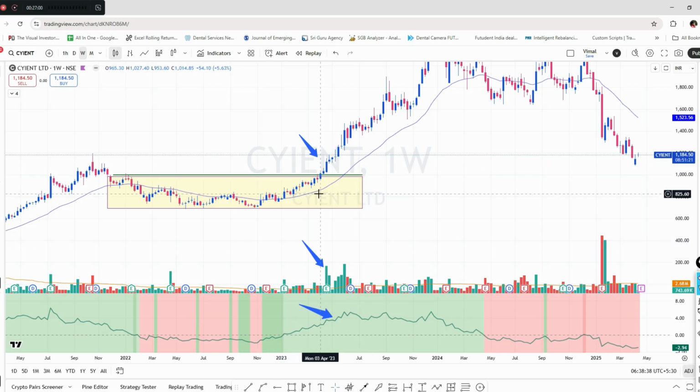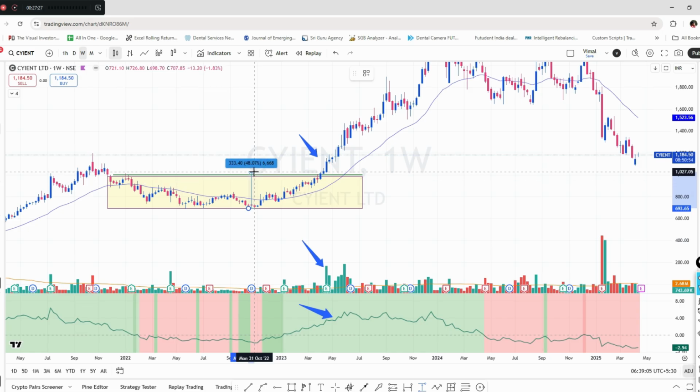So what is the triple confirmation pattern here? The price has broken the base, the volume has increased, RS is in the positive zone, and it has also reached a new high in the past few weeks. In the base it was in the negative zone, and when the stock started to break the base, it converted into the positive zone, and the price had moved around 40 to 50% before the exact breakout.